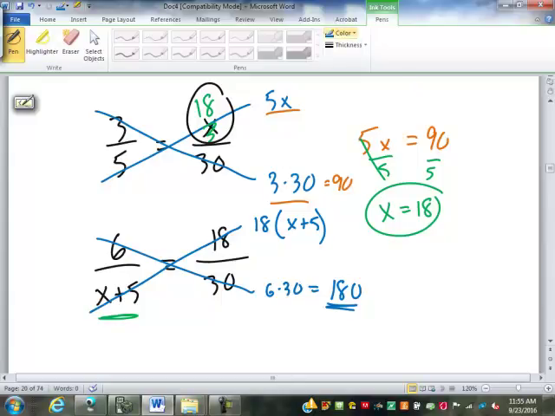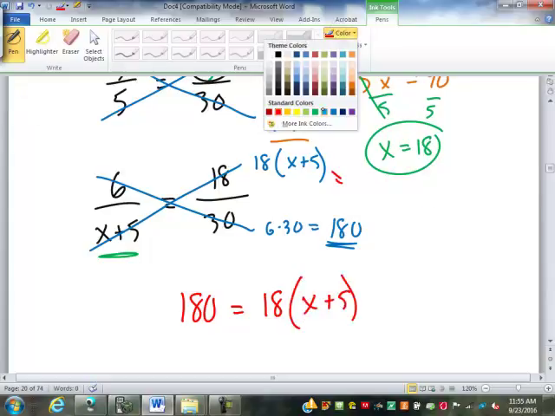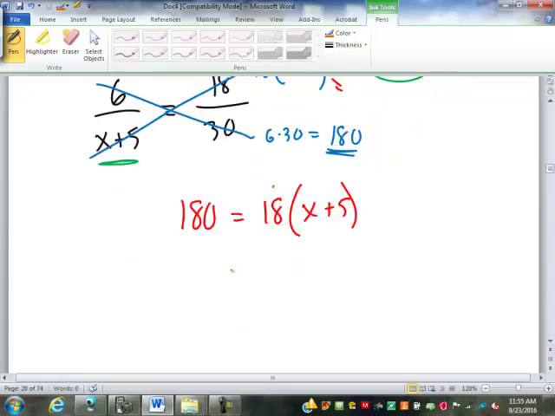We're going to distribute. So that's going to equal, actually I'll rewrite it down here. We know those two have to be equal. 180 has to equal the 18 times x plus 5. So we're going to distribute the 18. 18 times x is 18x. 18 times 5 is a positive 90.